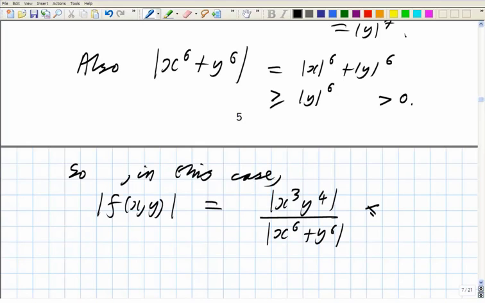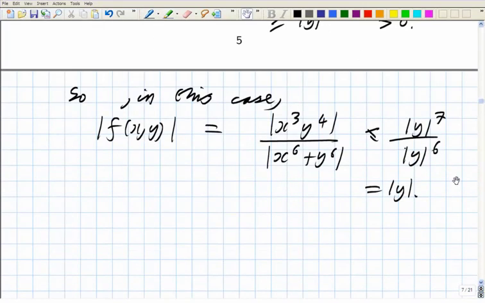So that's smaller or equal to mod y to the seventh over mod y to the sixth equals mod y. So in case 1, modulus of f of xy is less than or equal to mod y, which is a nice easy estimate. Let's have a look at what happens in case 2.